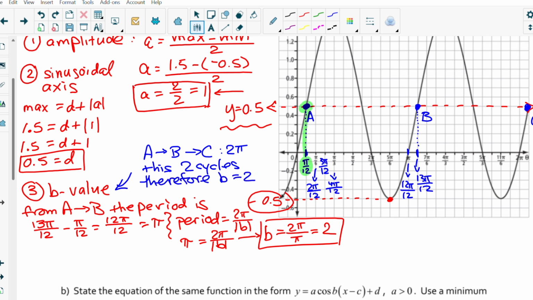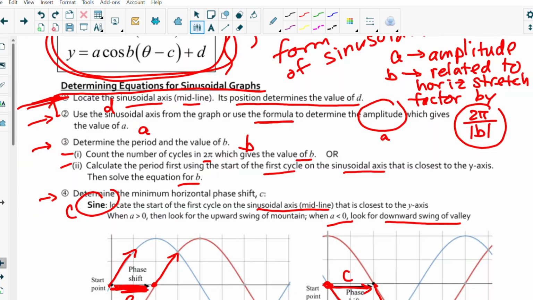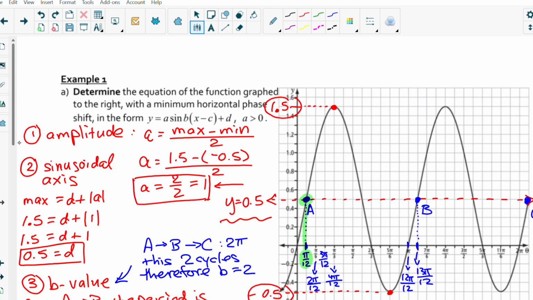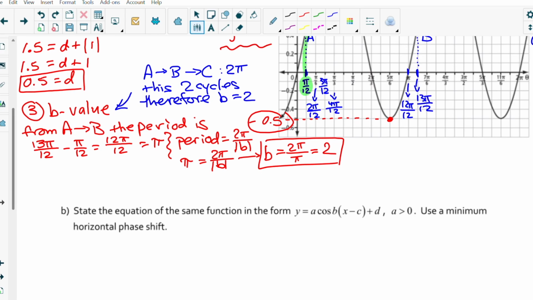Therefore, b equals 2. That's another quick way to think about it. So if I go back here, count the number of cycles in 2 pi, which gives the value of b. That's the quick way to do it. And we showed it right there. I prefer this method. I just like more certainty, and I like the algebraic approach. And this also forces you to graph read.